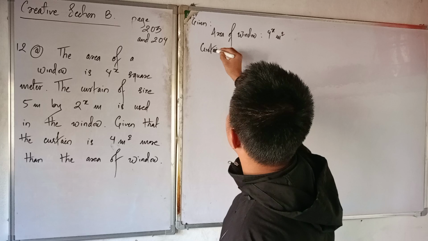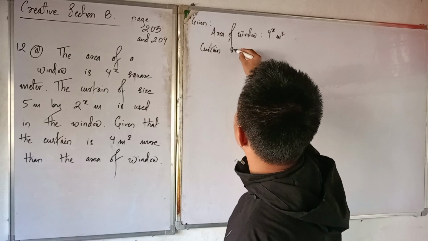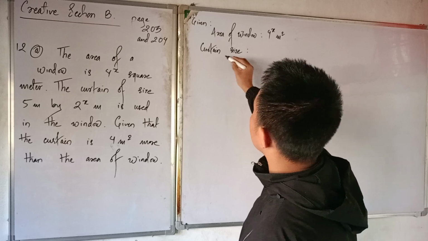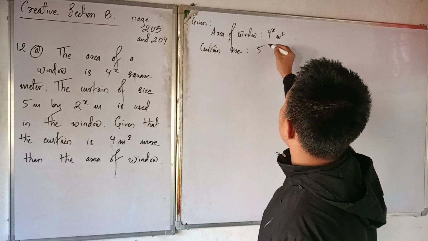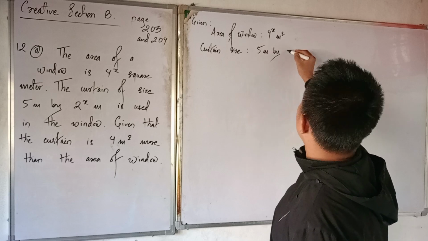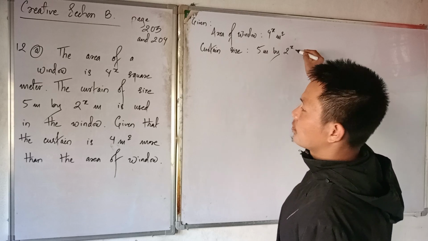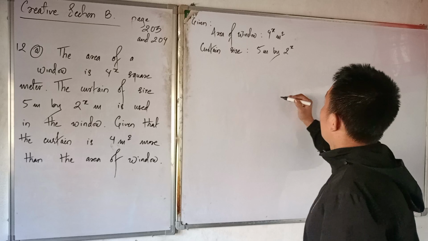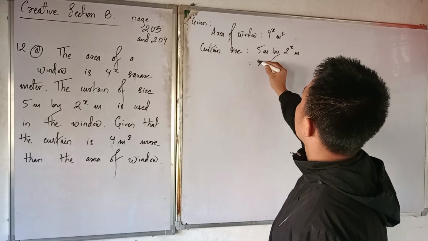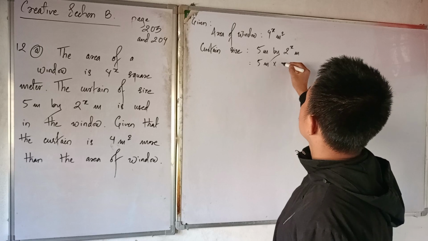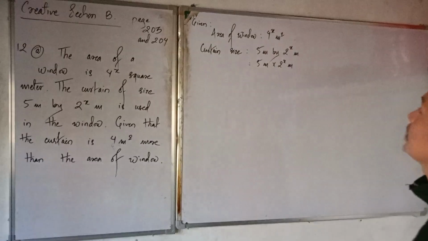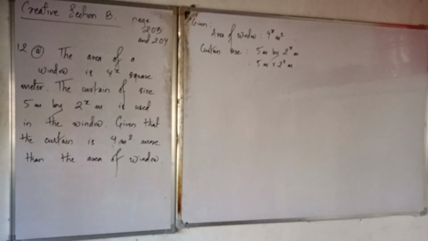The curtain used in that window has size 5 meter by 2x meter, which is 5 meter times 2x meter. So this is the curtain size.